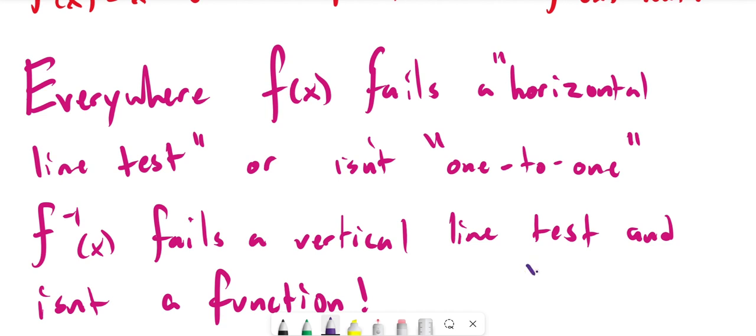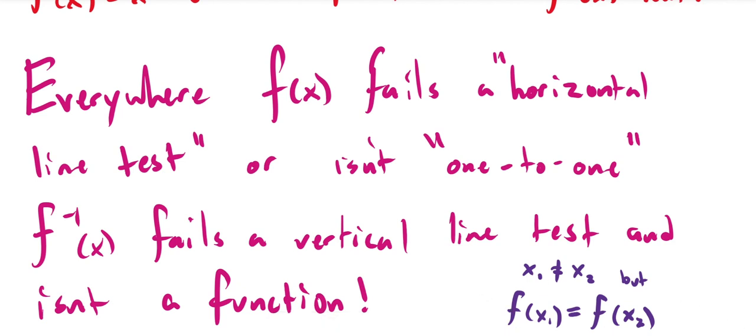Specifically, that means for two different x's, you get the same y value, the same f of x. That's what it looks like when a horizontal line passes through the function f of x. And in that case, the inverse is not a function. The inverse fails the vertical line test when f of x fails the horizontal line test.